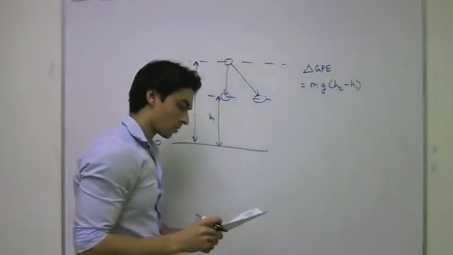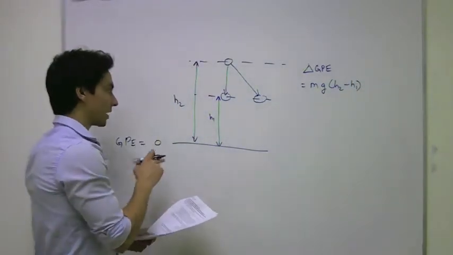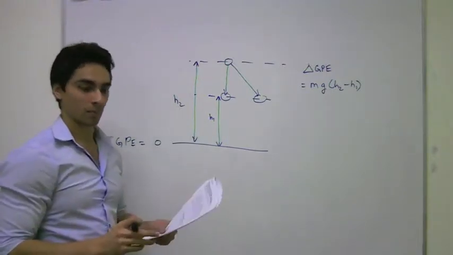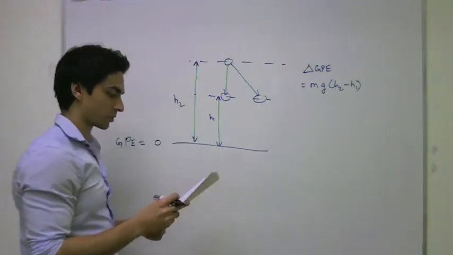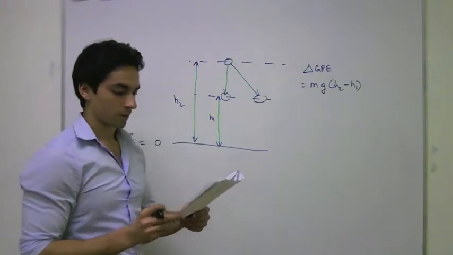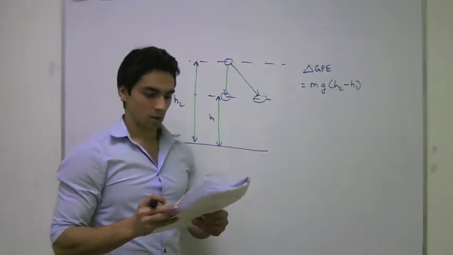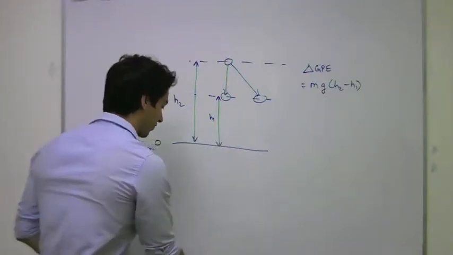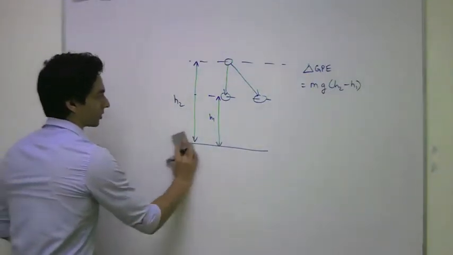Now this works fine near the Earth's surface, but it's not an absolute method of measuring gravitational potential energy. Fundamentally, gravitational potential energy is defined as zero at infinity.